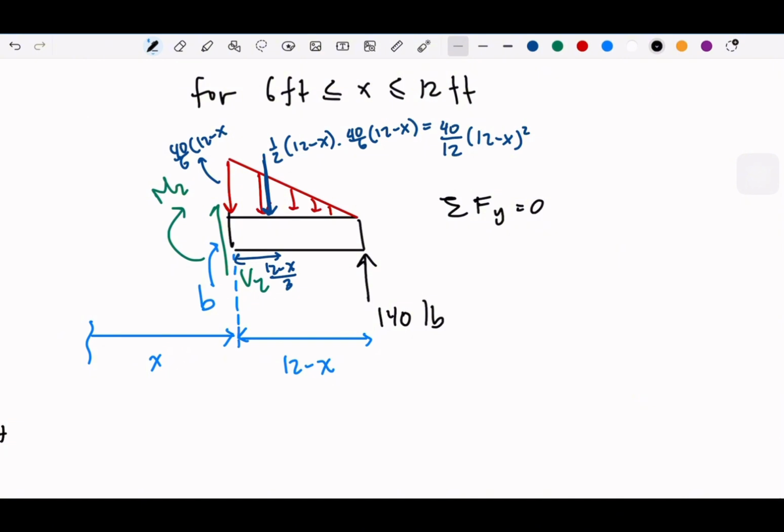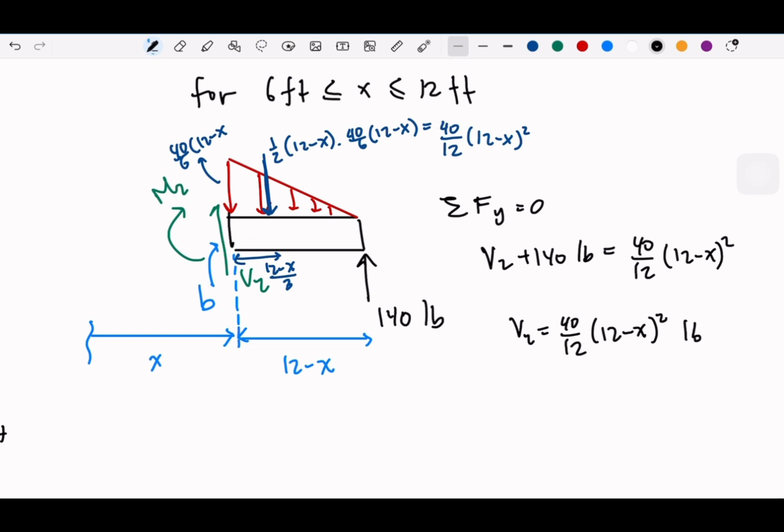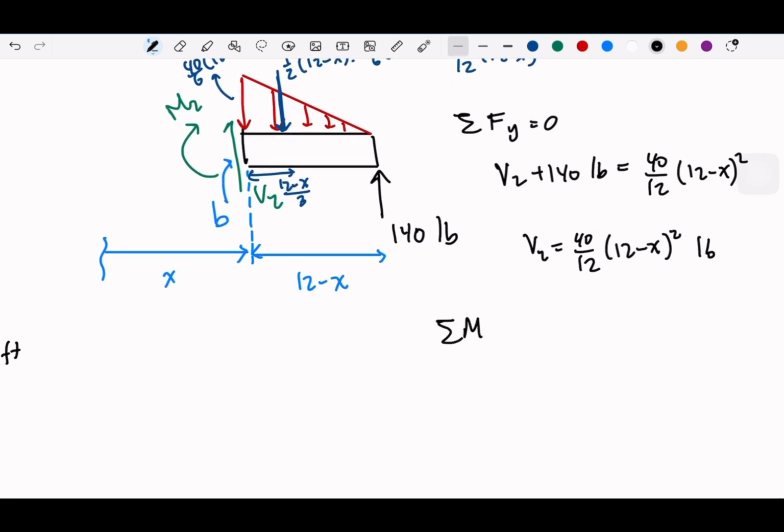Taking sigma force for y: V2 plus 140 is equal to 40 over 12, 12 minus x squared, so V2 will be in quadratic expressions, in pounds. And then for the moment, we can take it with respect to B and take that as a positive rotation.